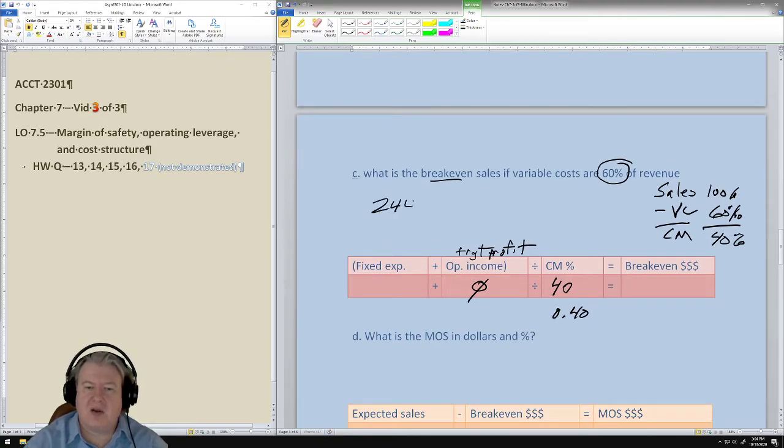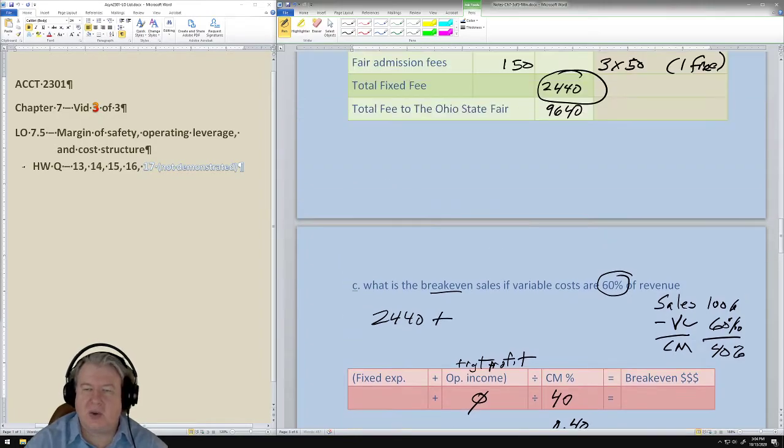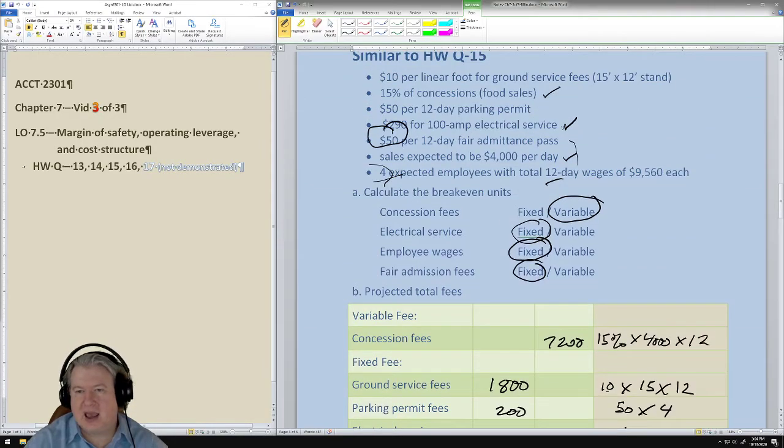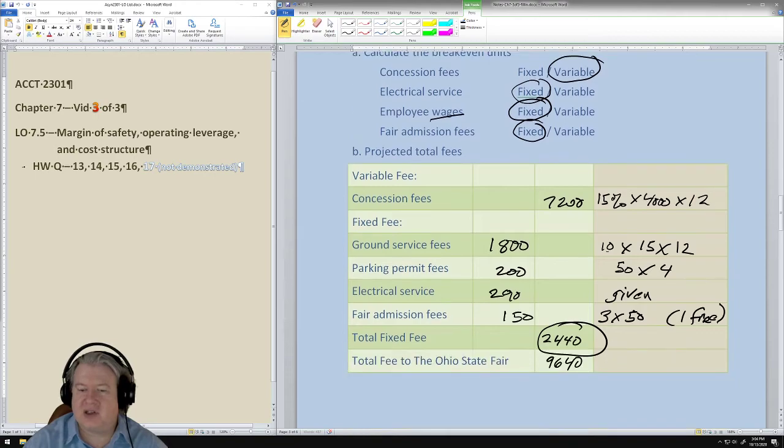Do we have any other fixed expenses? Well, we do, and we're going to go back up and look at the list. It's this number right here. This is our wages. And remember, we decided it was fixed, because it was just a total of 9,560, and it didn't matter how much we sold. We were paying that much whether we sold a lot or a little, and that's the definition of a fixed cost.